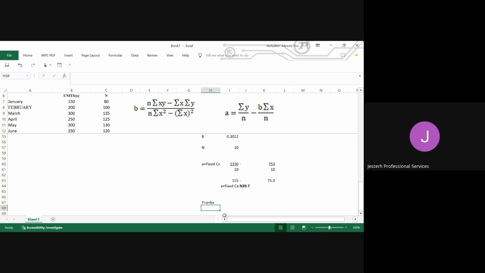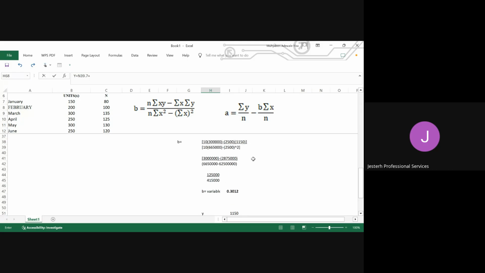Now we say our y is equal to 39 naira, which is our A, the fixed cost, 39 naira point 7, plus our variable cost.